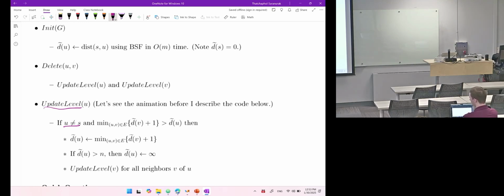And if my level is now greater than n, I know that I'm disconnected from the source, so I can just set my level to be infinite. And if my level increases like this, then I notify all of my neighbors. All of the neighbors of u need to be updated. That's the algorithm.